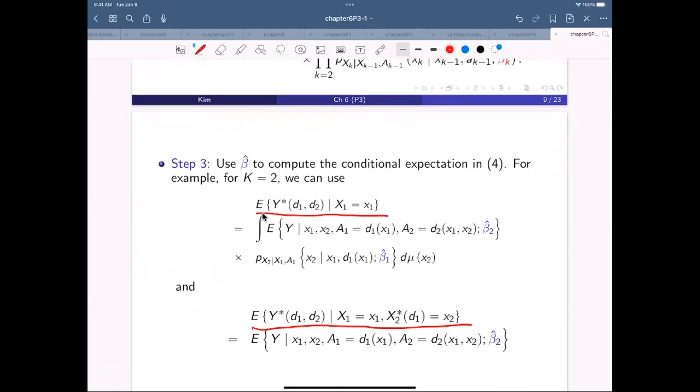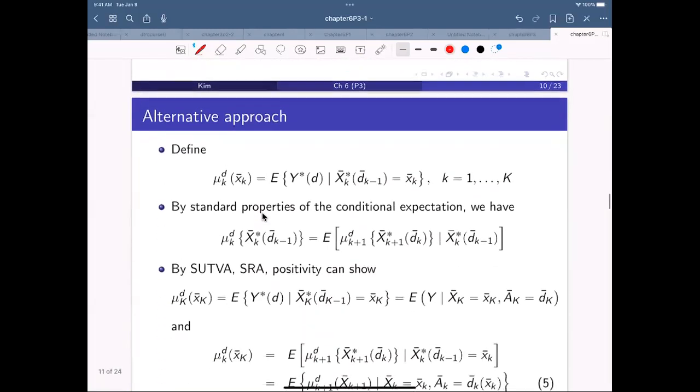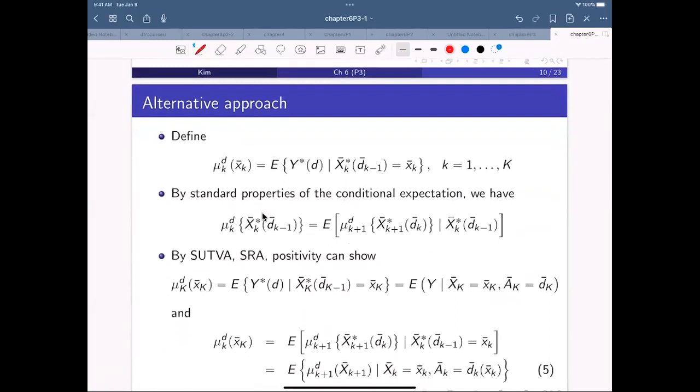How can you compute this conditional expectation averaging over the X2? You can do it using recursive backward computation. Basically here you define the outcome variable as Y star, and what you are conditional on is just the observation up to K.